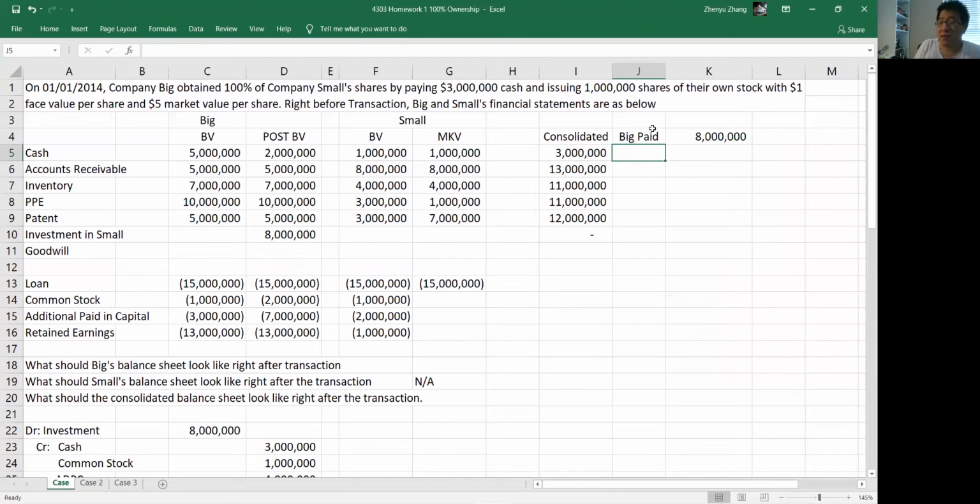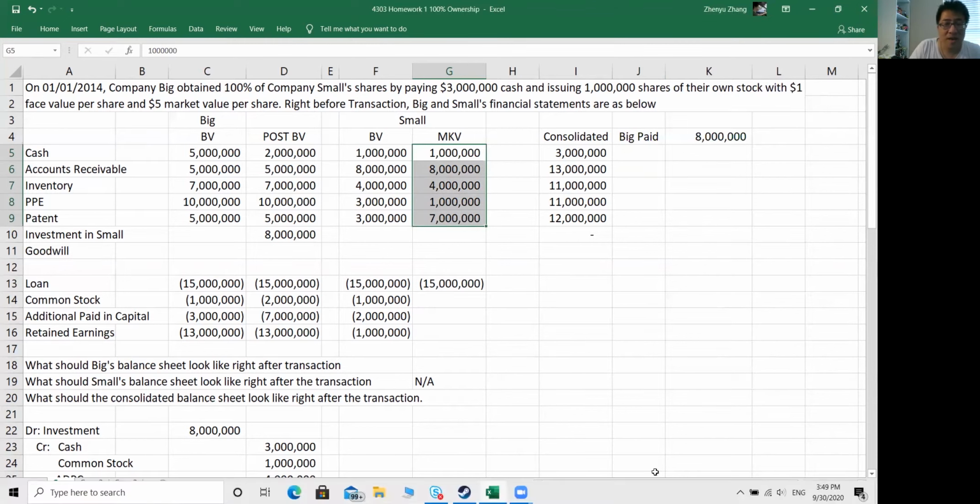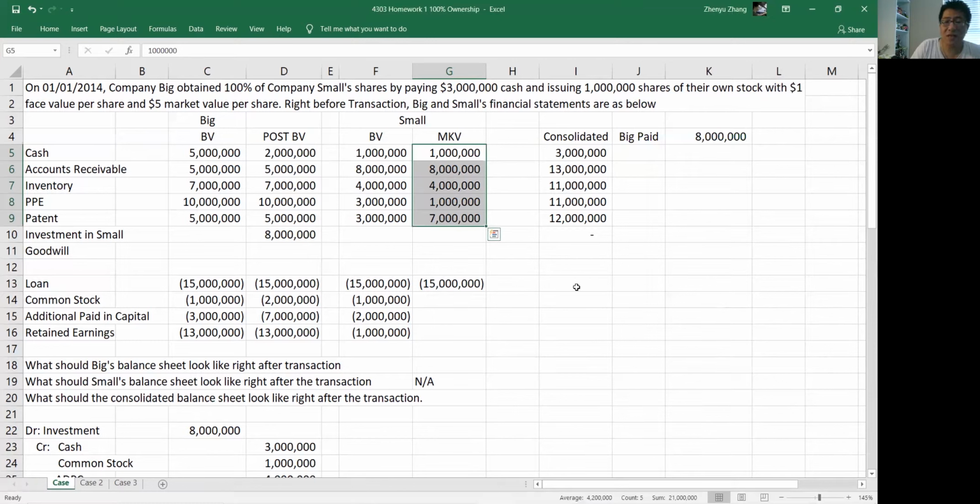Unidentifiable. Once you can name it, it's identifiable. So there's a difference, okay? So Big paid for different assets. What Big got was a market value of cash, accounts receivable, because we buy from the market, it's market value, and we got PPE, patents and everything. And we assumed that 15 million loan. So the total asset market value assumed was 21 million here, and loan was 15 million. So net was 6 million. So the net they got was 6 million.